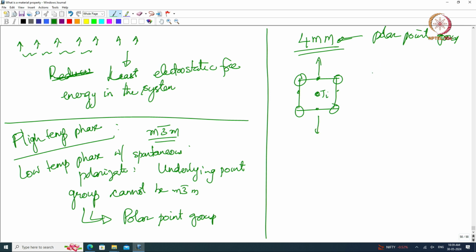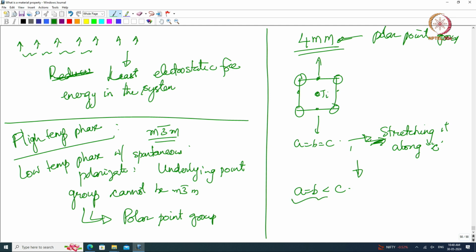As a result, if I take a cube, where a equal to b equal to c, and I stretch it along c, then I go to a configuration where a equal to b, but a equal to b is less than c, because I am stretching it along c.